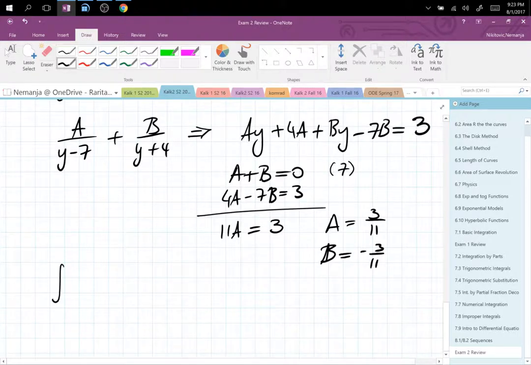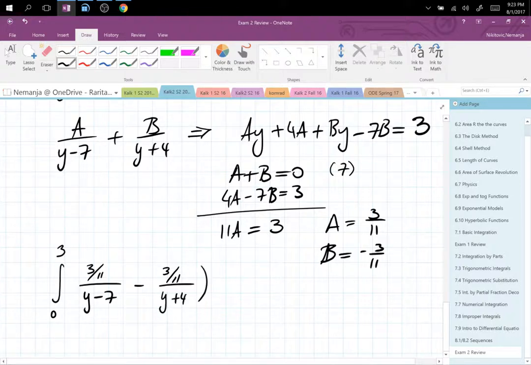So now I have the integral from 0 to 3 of 3 over 11 times 1 over y minus 7, minus 3 over 11 times 1 over y plus 4, dy.